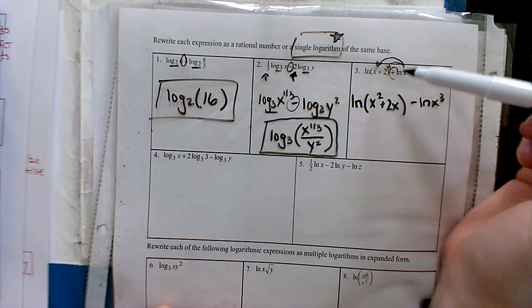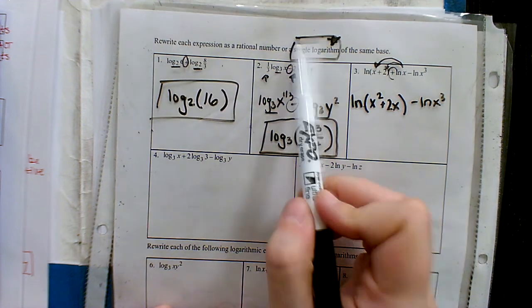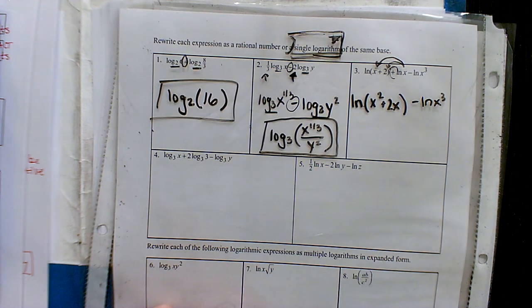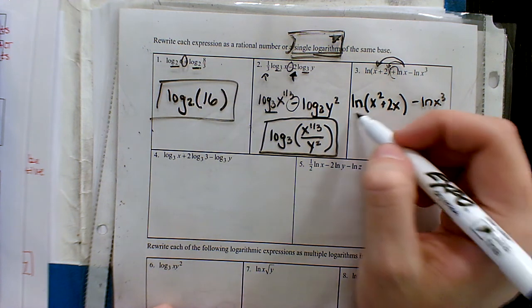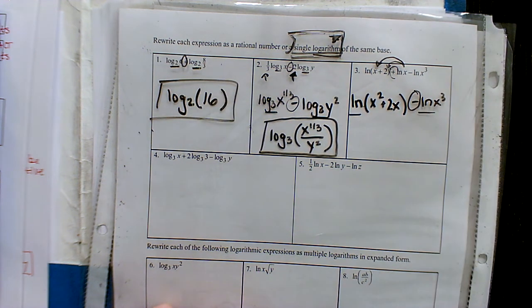So it seems like we went from 3 logs down to 2. Our ultimate goal is to get down to 1 if we can. So can we use another property? I have 2 logs of the same base, and I'm subtracting them.